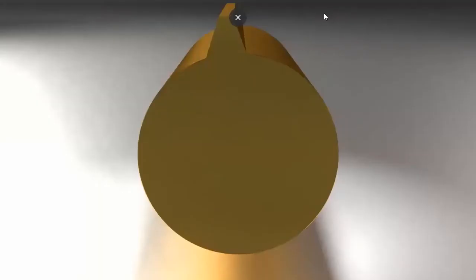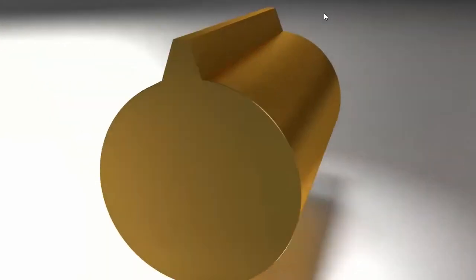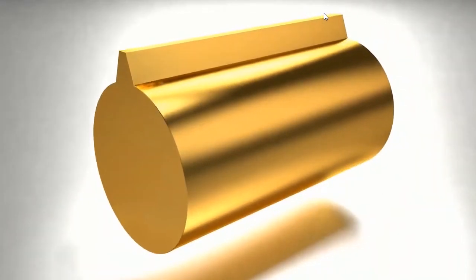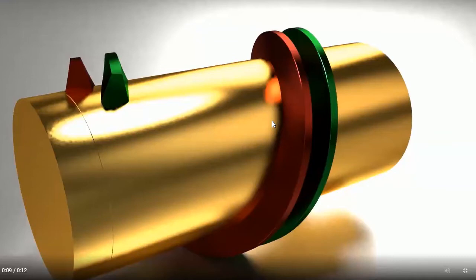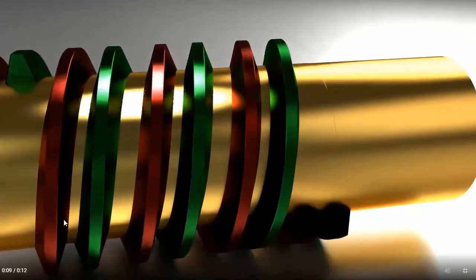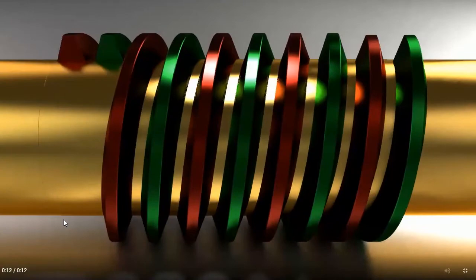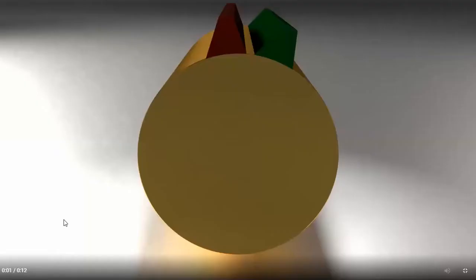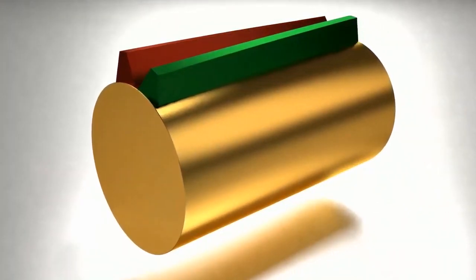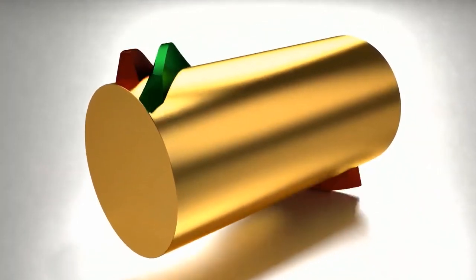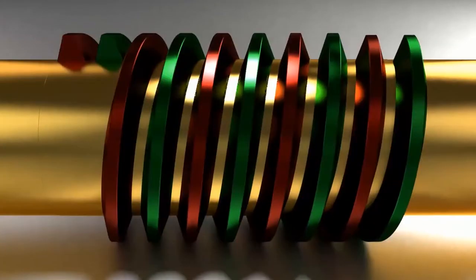Now we are going to see double, that means two start worm. It basically comes from two teeth of the gear. This video will show you how. You see the two teeth, then you see the helical angle increase. Two start worm.